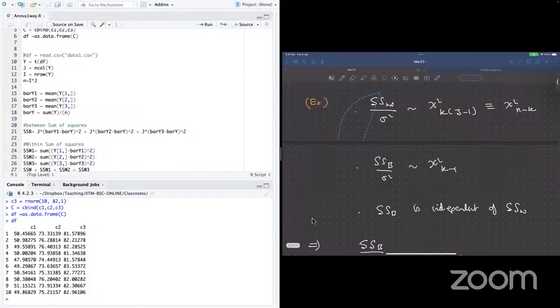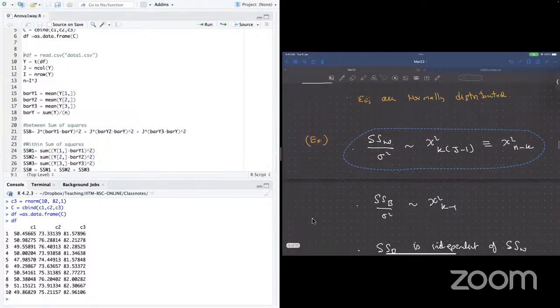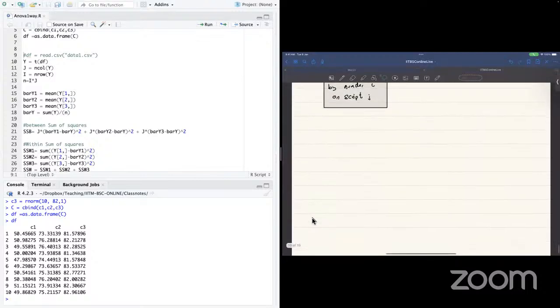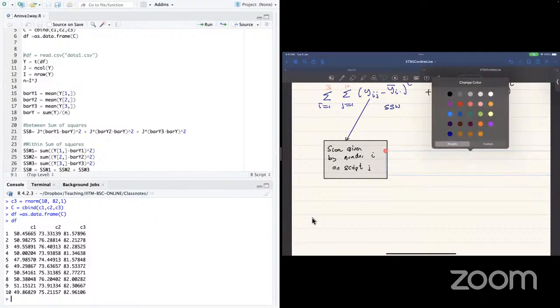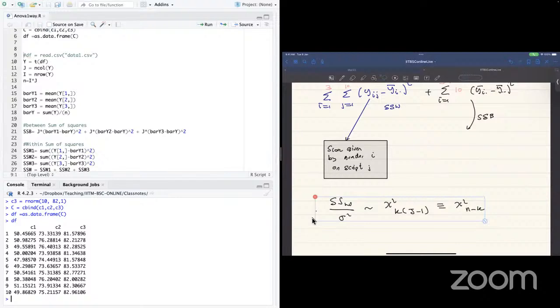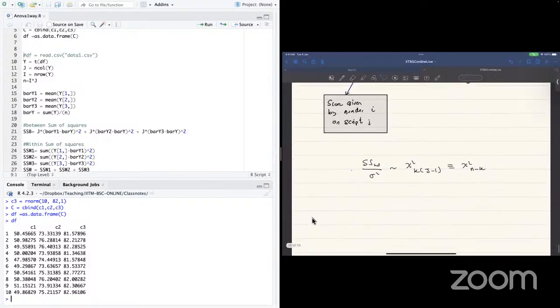Let's copy this across. So this is where the question you asked me comes in: under the null, under H naught, this is where it is crucial. Let me go back here.